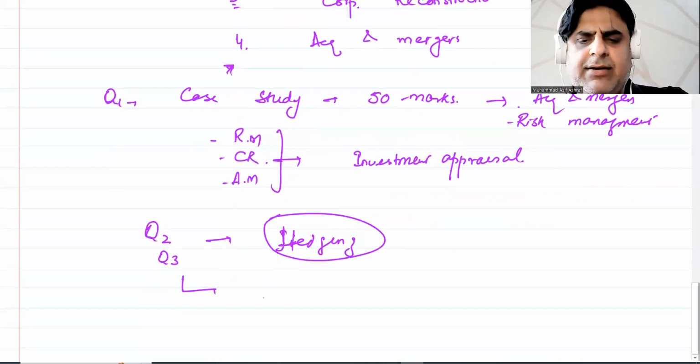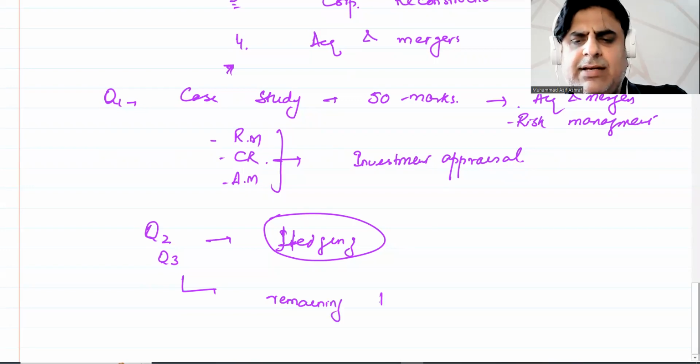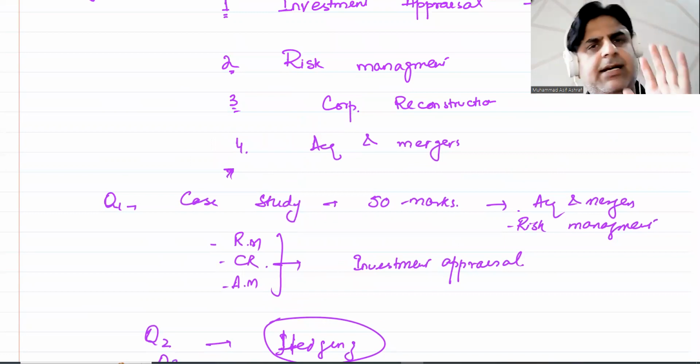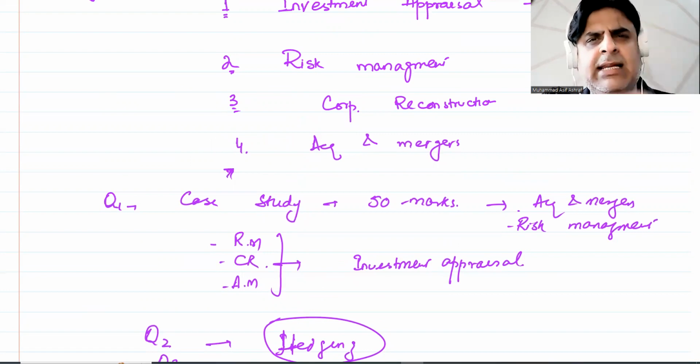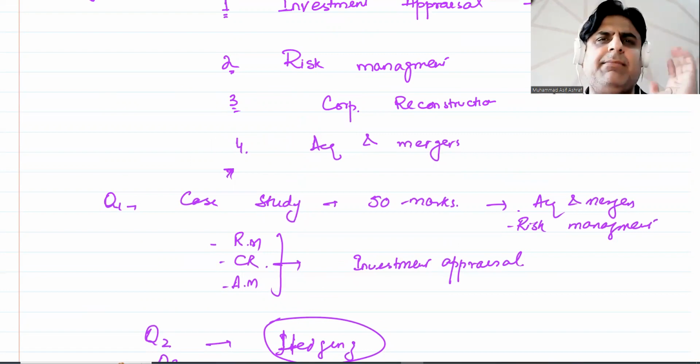And question number 3, the remaining topic. In short, all 4 topics will be checked. That's it. Very easy, very predictable paper. In any case, all 4 topics will be examined in your paper.